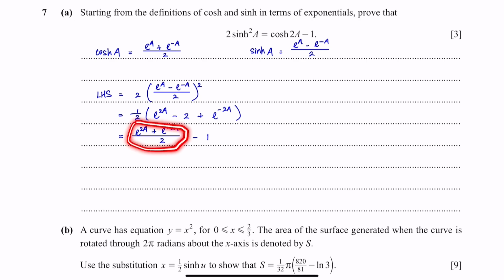And look at this, compare this and this. Basically, we have 2a instead of a, right? So this is equals to cosh 2a minus 1, which is equals to the right hand side.